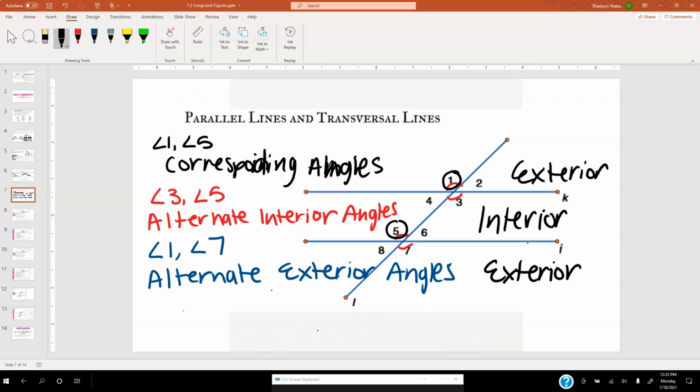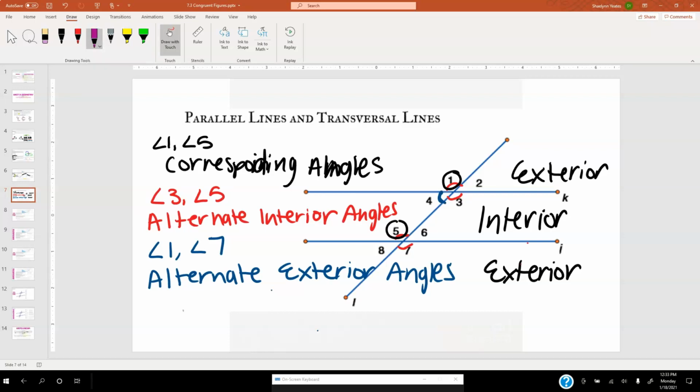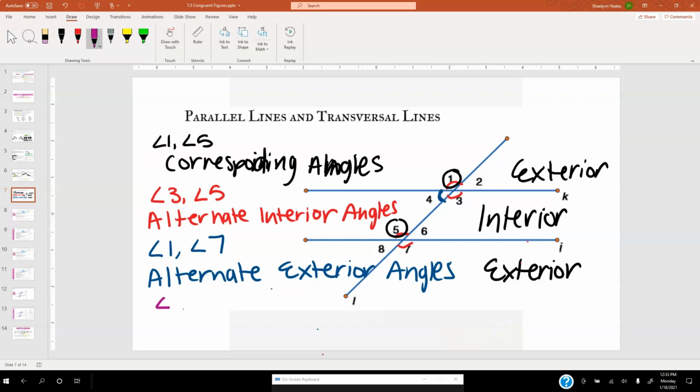Okay, and then there's one more angle relationship we need to talk about, and it's angle 5 and angle 4. These are called same side. So angle 4 and angle 5 are same side, or they could be called consecutive interior angles.